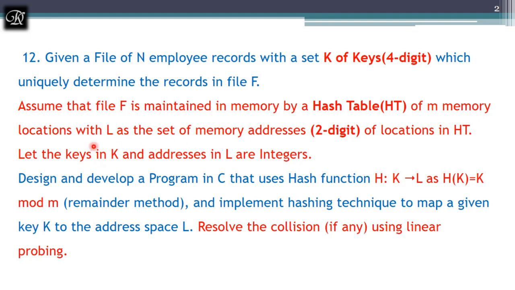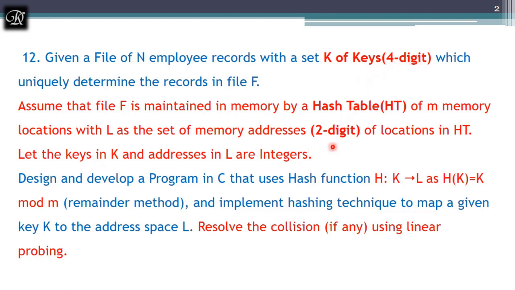We are having limited m memory locations for a given file, with L as the set of memory addresses. For those m memory locations, we are having L memory addresses which are of 2 digits. We have keys of 4 digits.